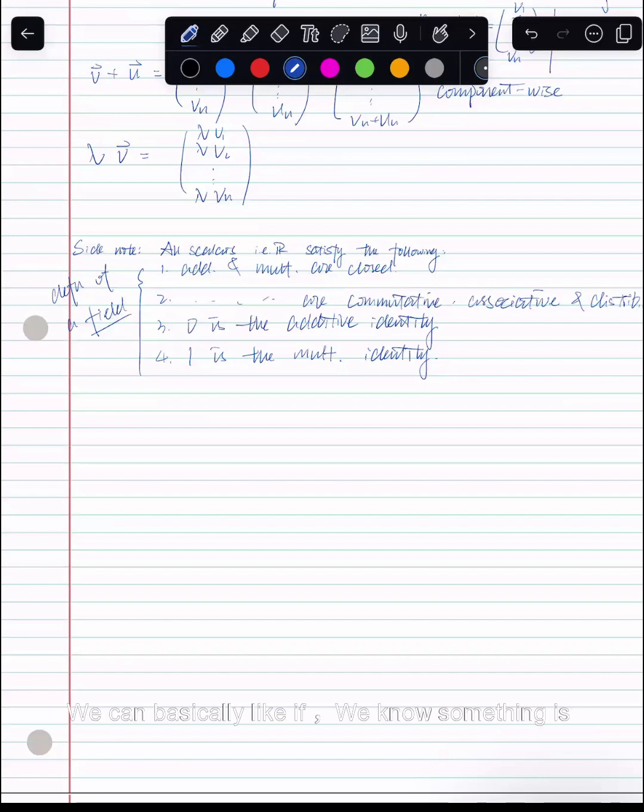If we know something is a field, then it exhibits these properties and we can use them to prove other things. So it's just a term. We have vector space, we have field, we have something called a ring, and other stuff.